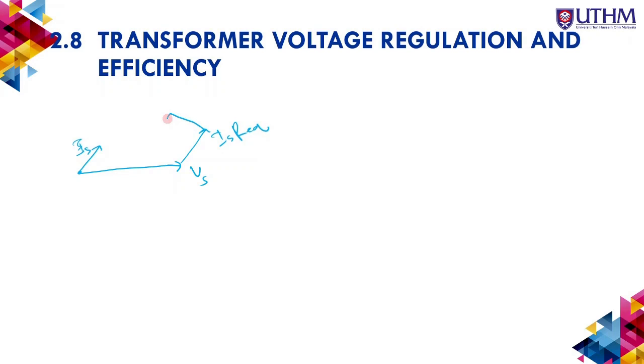So ni perpendicular kan. So ini akan jadi ISXE. Okay, so ni VP over A.